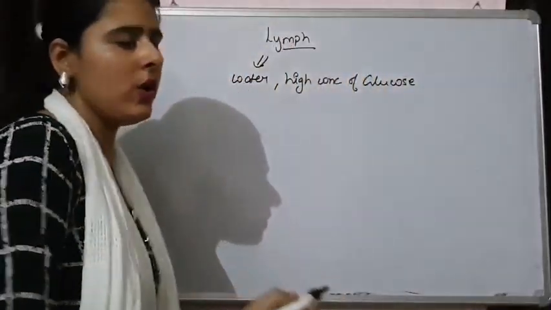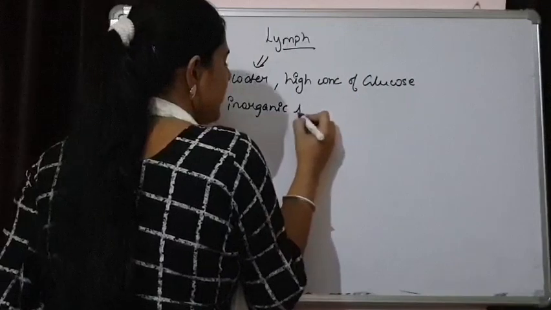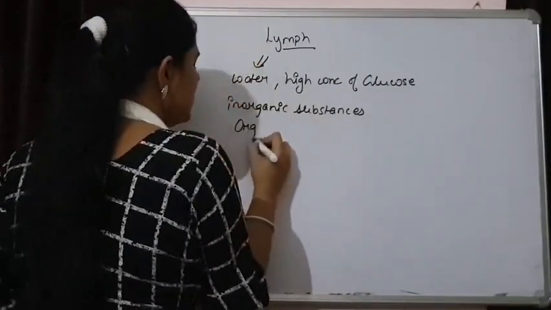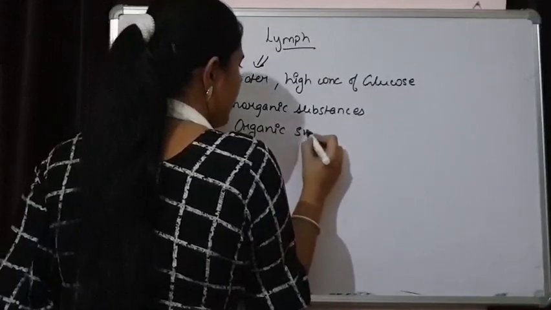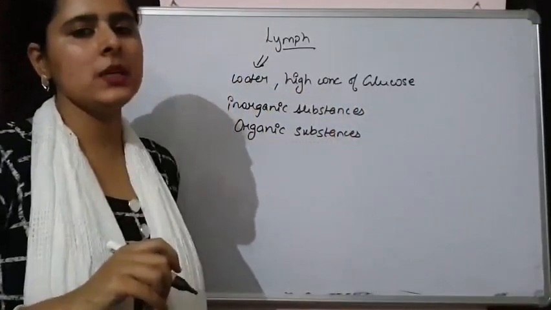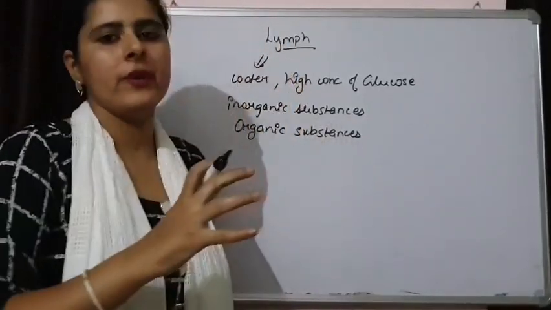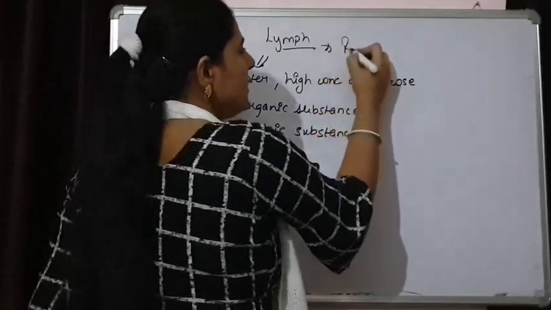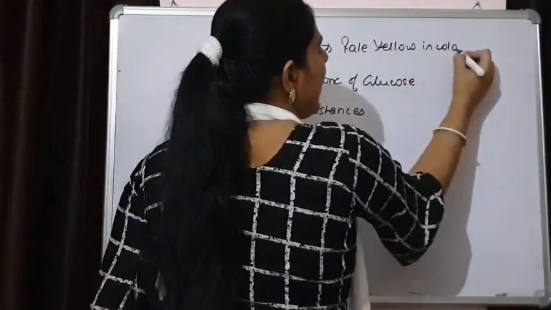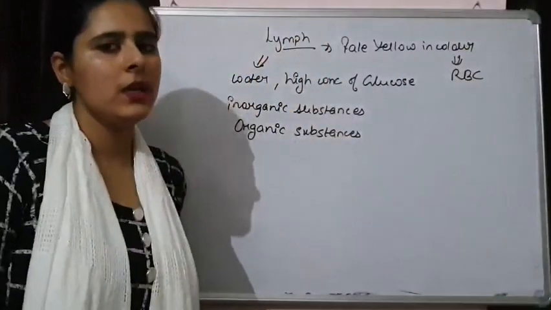So lymph has water, inorganic substances, and various organic substances. All these are present in the lymph. Now the lymph is pale yellow in color, and the reason behind this is that RBCs are not present in the lymph.